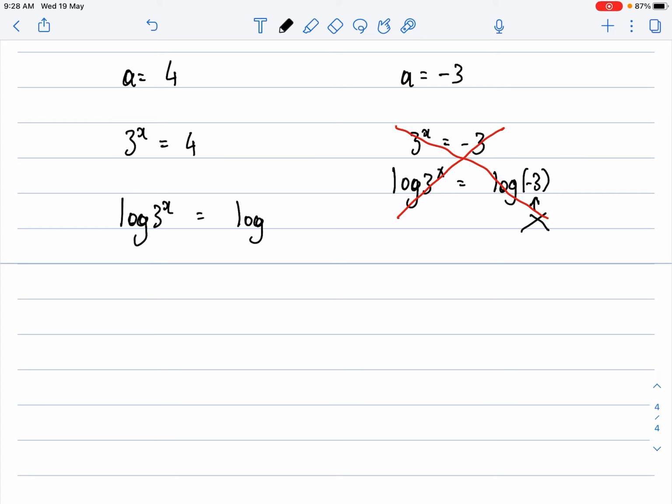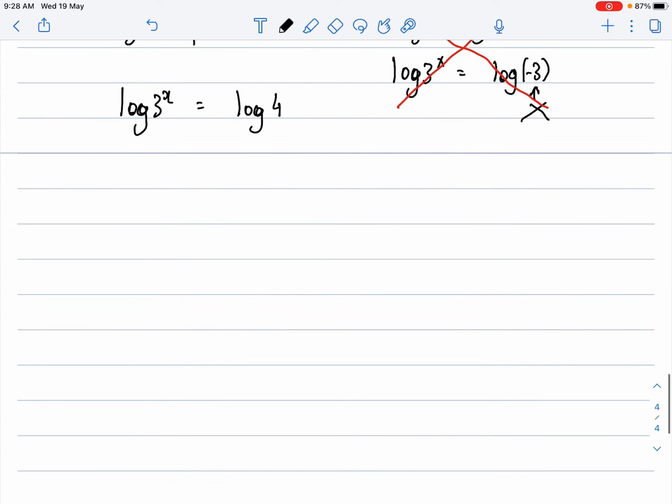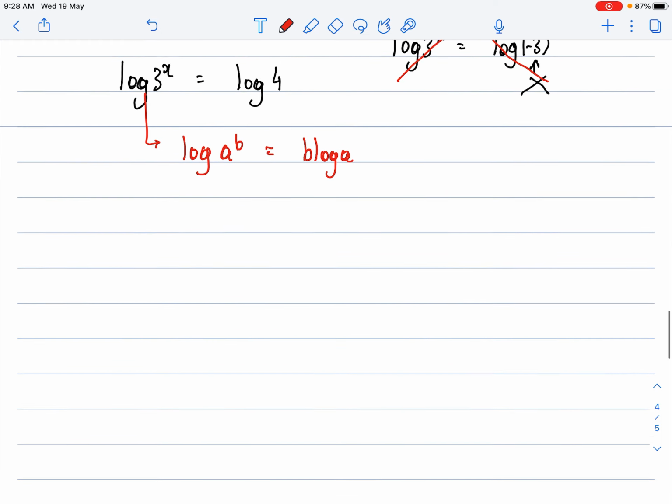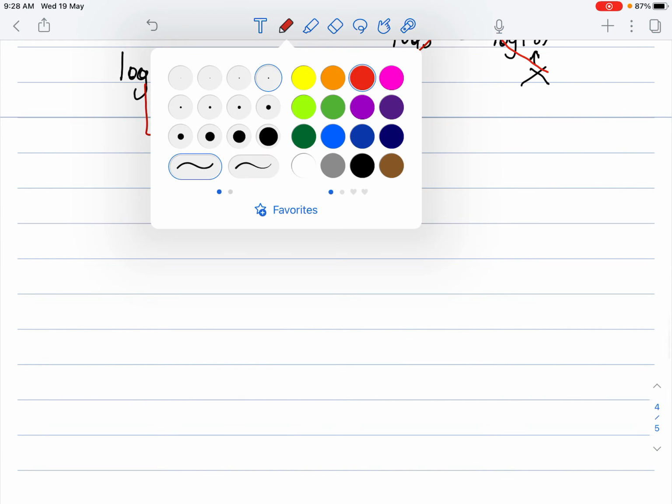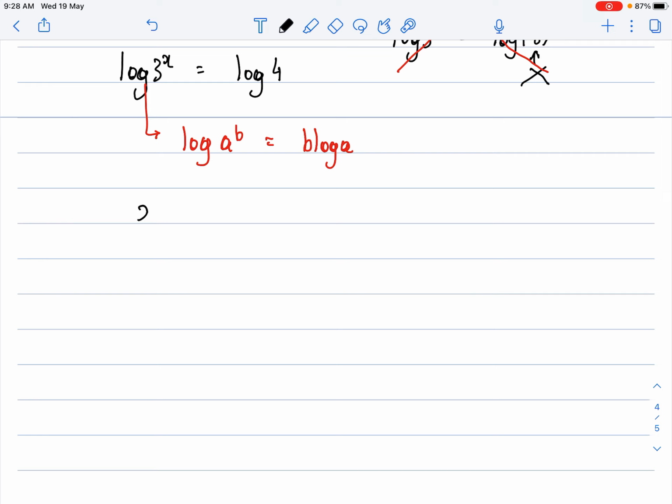Correct, so this is what I get. Now I can use the log property here, which suggests that log of a raised to b is equal to b log a, correct? So now using this property, I can write this as x log 3 equals to log 4.